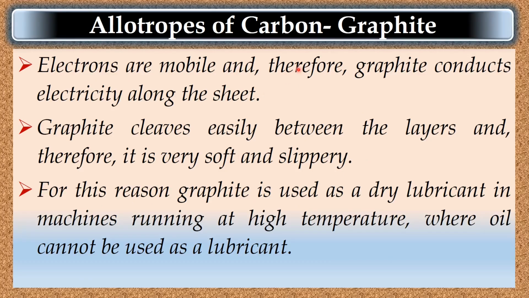Electrons are mobile, and therefore graphite conducts electricity along the sheet. Graphite cleaves easily between the layers, and therefore it is very soft and slippery. For this reason, graphite is used as dry lubricant in machines running at high temperature where oil cannot be used as a lubricant.